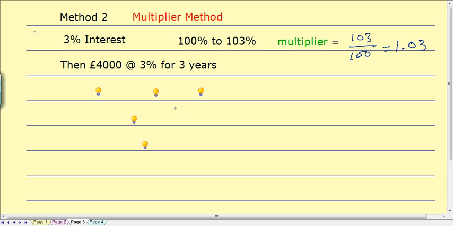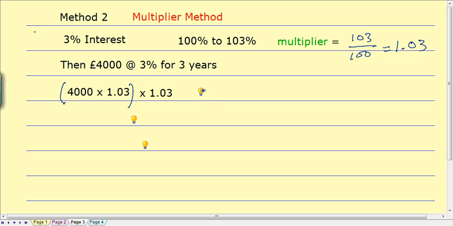So if we've got a problem again, £4,000 at 3% for 3 years, the first year we're going to have 4,000 times 1.03. That'll be the total amount we've got at the end of the first year. It will be that amount that we then increase for the second year. So we multiply this whole amount that we had at the end of the first year by 1.03, because again we're growing that amount by 3%.